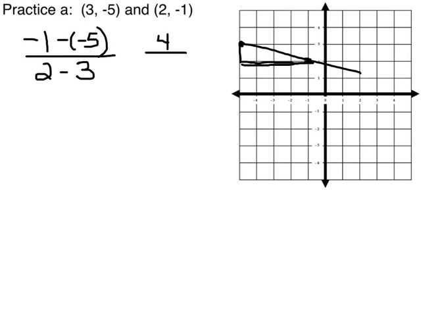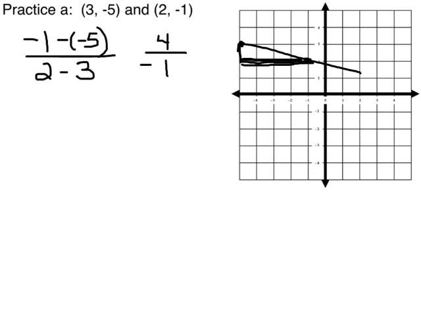And 2 minus 3 is negative 1. So we have 4 across negative 1, and so our slope is going to be negative 4.